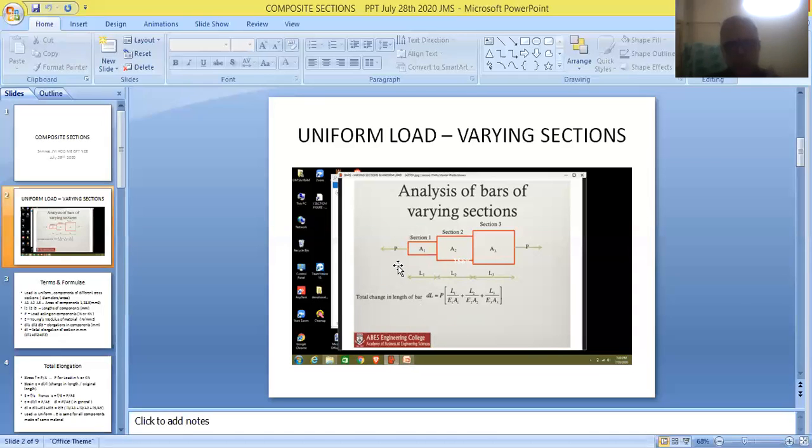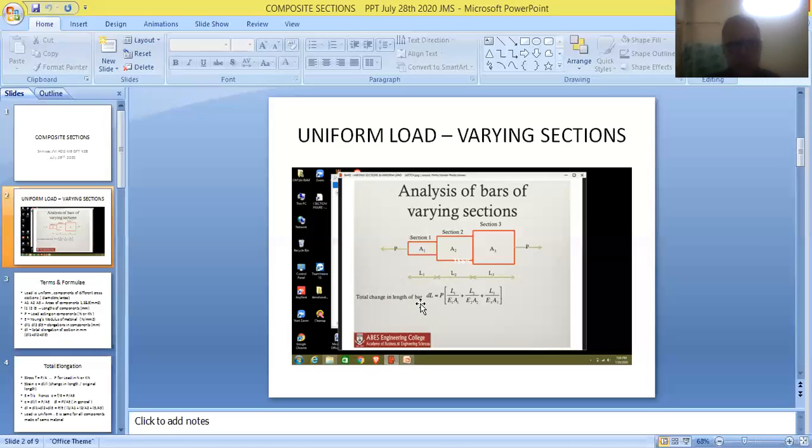So P is expressed in newtons, A values in millimeter square, L values in millimeter, and the E value in Newton per millimeter square. So friends, these are the 4 important parameters, very essential for writing the formula of total elongation or total change in the length of the bar.